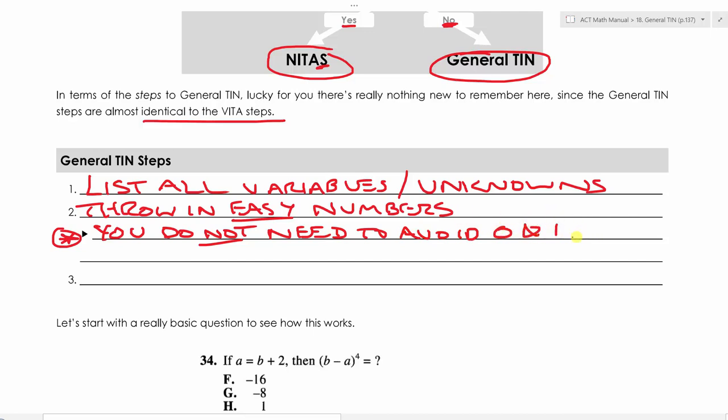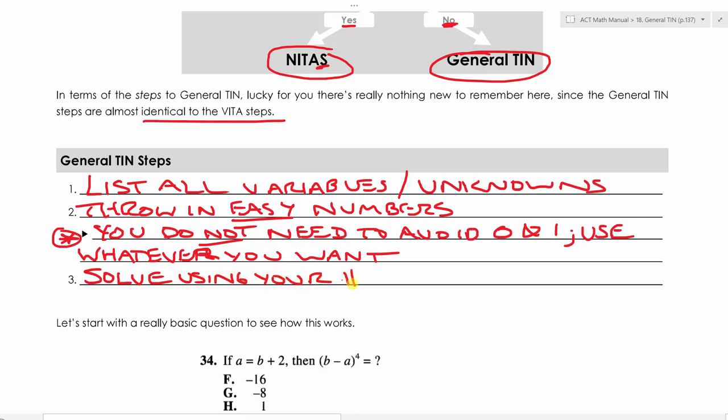In fact, in General Tin, use whatever you want as long as it's allowed by the question. So if the question doesn't give you any stipulations about what your variables values can be, if they give you completely free reign, you can use whatever you want. You can use 0, you can use negatives, you could use fractions, whatever you want. And then last is to solve using your numbers.